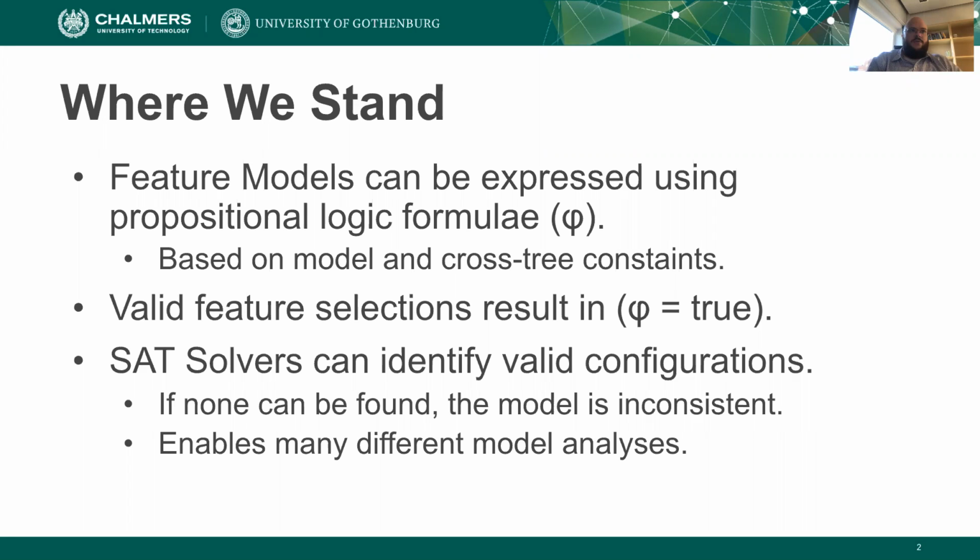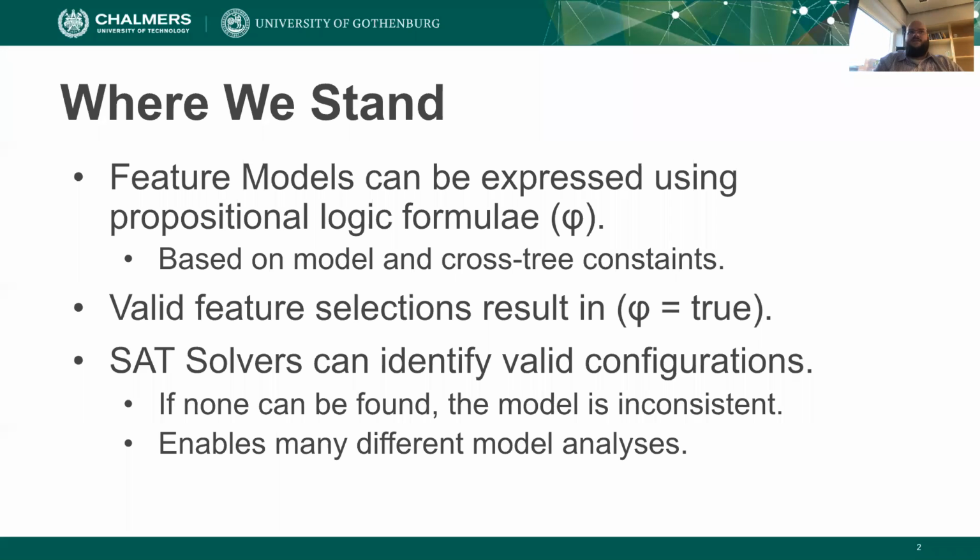Those feature models result in this formula that we've extracted evaluating to true for the feature selections that we've chosen that are valid. Invalid feature selections falsify this formula and aren't allowed. SAT solvers can be used to identify valid configurations, either based on a complete feature selection or based on a partial selection where we can then see what remaining choices are available based on what we've chosen so far.